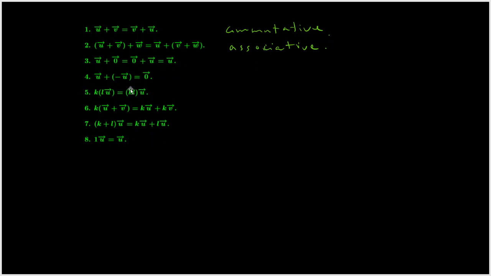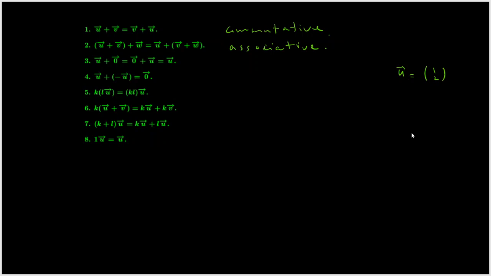Now property number 4 is comparable to the thing that every number has a corresponding negative number. In numbers, we say the opposite of the number. So basically, in property number 4, let's say u is the vector 1, 1, 2.